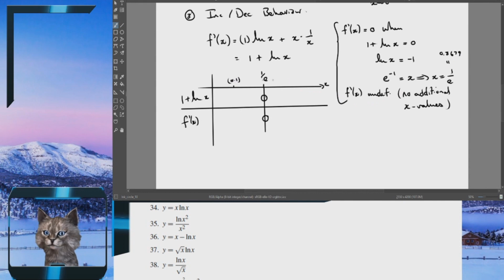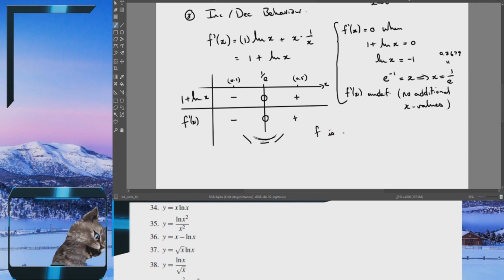So plug in a 0.1, plug in a 0.5, see what you get. You'll get a negative and a positive, which is then the same for the derivative. Then I have a negative slope, I have a horizontal, and I have a positive. So it shows the cup shape that is happening.